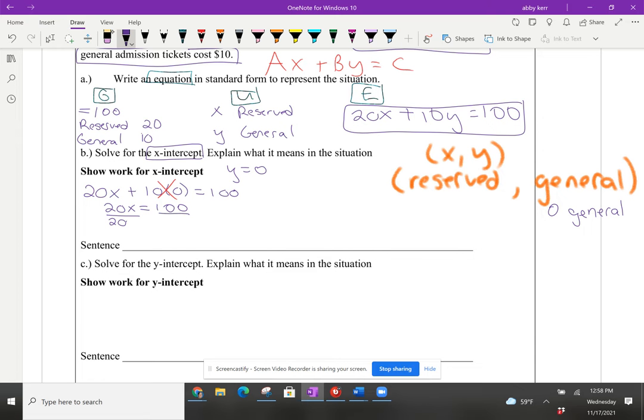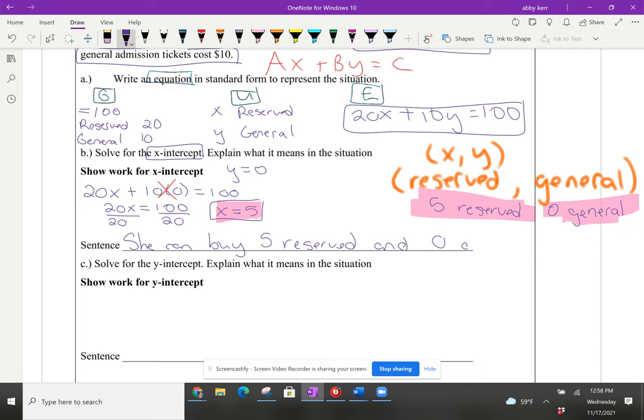That 20 is the price of a ticket. So she has x equals 5. If she bought 0 general tickets, that means with her budget, she can afford 5 reserved tickets. That's a combination that she can have. So write that in a sentence: she can buy 5 reserved and 0 general.